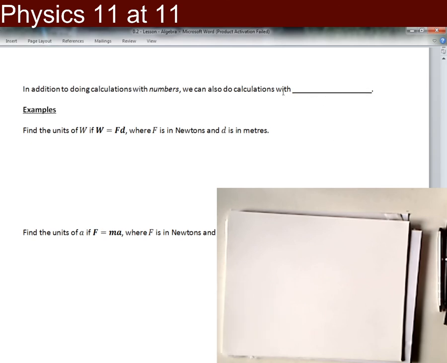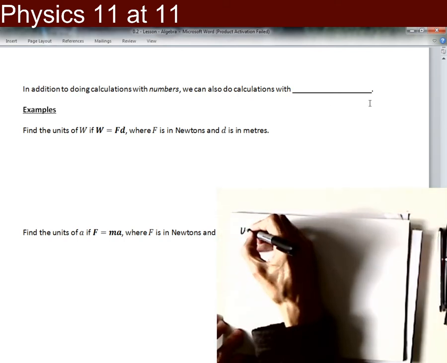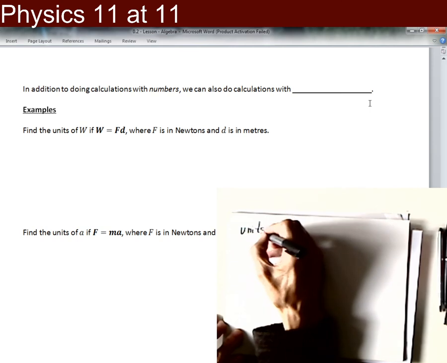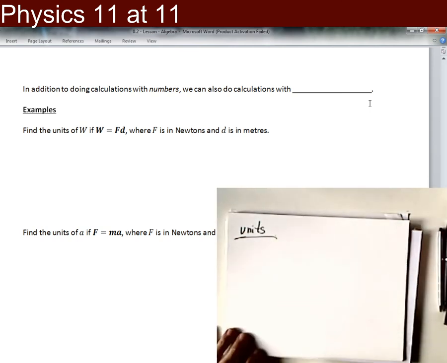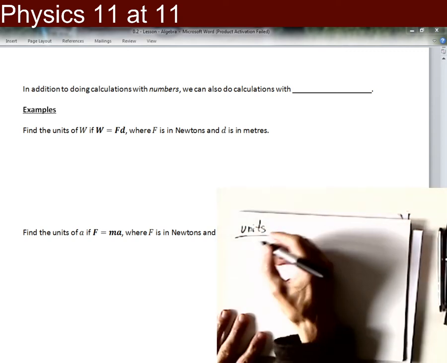In addition to doing calculations with numbers, we can do calculations with units. This helps see if you've done a question correctly. If you're doing research, this helps figure out what new units are going to be. It's like the inventing part of science.